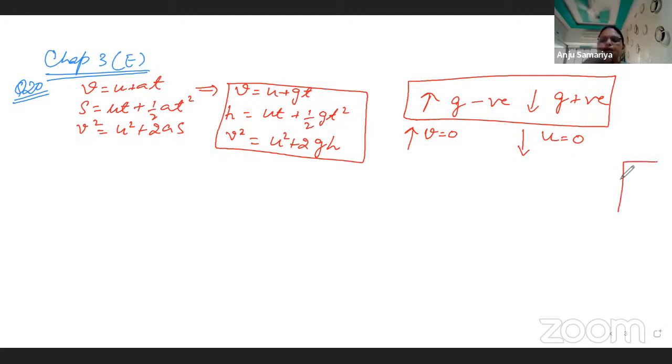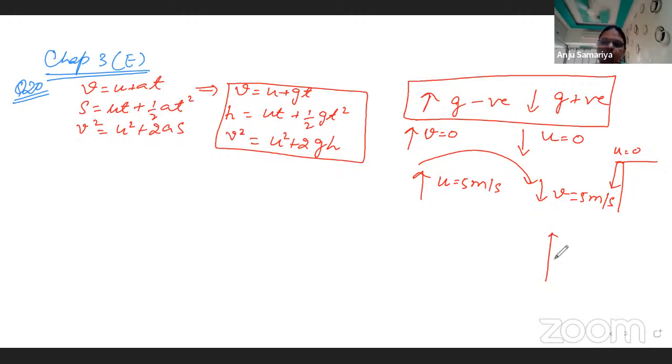Suppose this is a building, and if you drop anything from here, U will be 0. When a ball is thrown up, U is something, let's say 5 meter per second. Then when the same ball falls down, V will also be 5 meter per second.